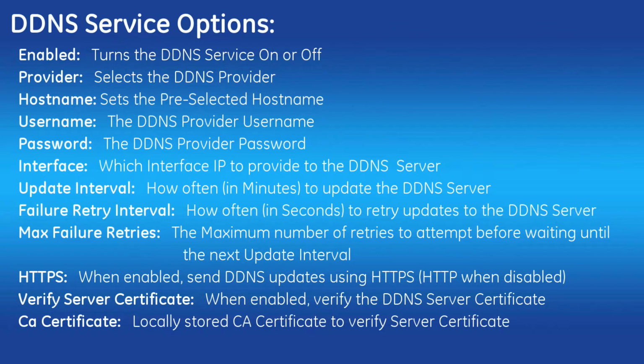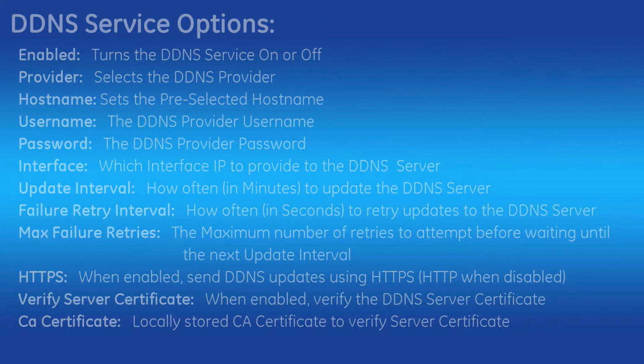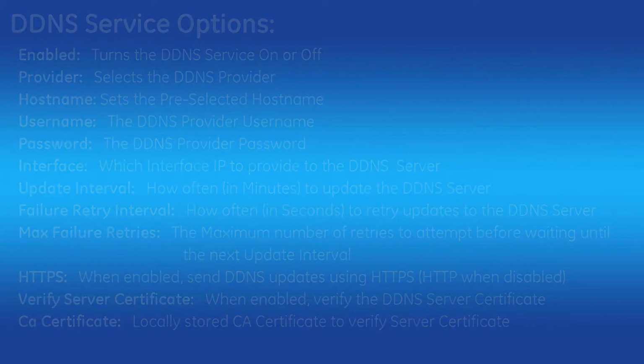Then we have the Verify Certificate checkbox. When enabled, we will verify the DDNS server certificate. To do this verification, you will load it into the Orbit and then select it in the CA certificate field. This is just a locally stored CA that you're given from the DDNS server.